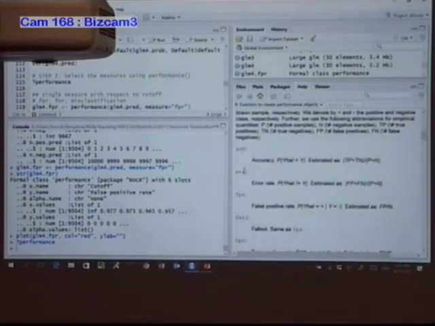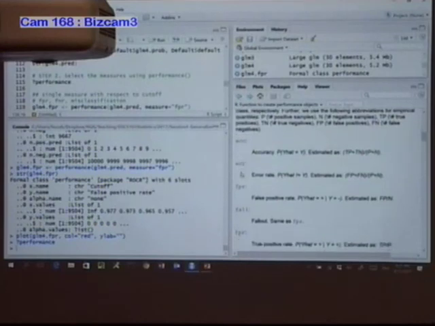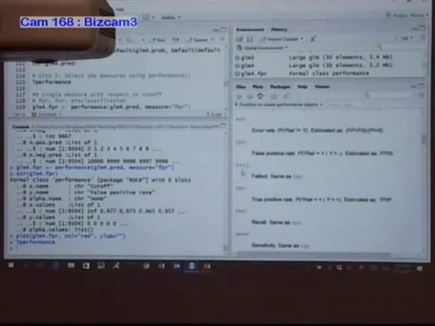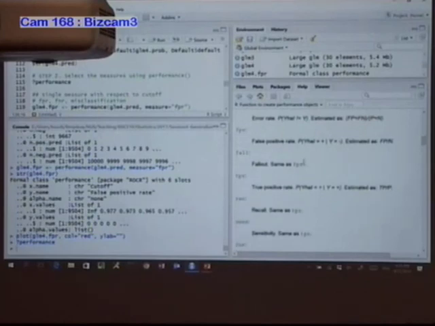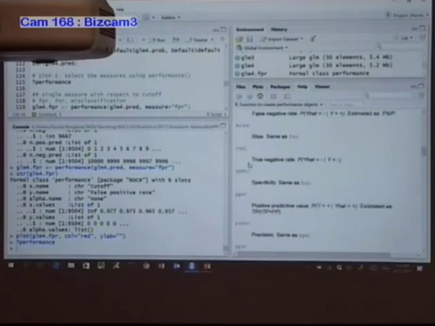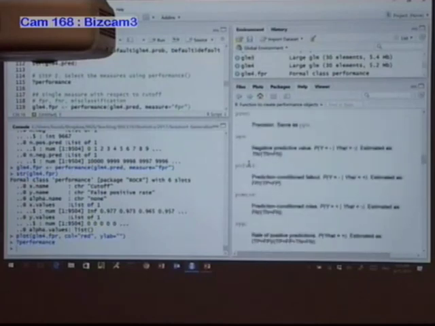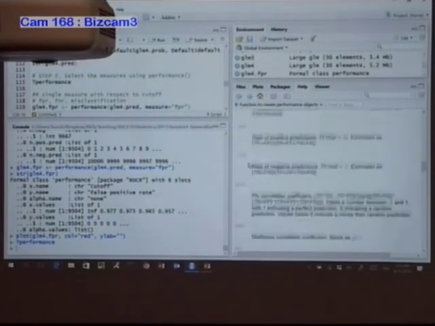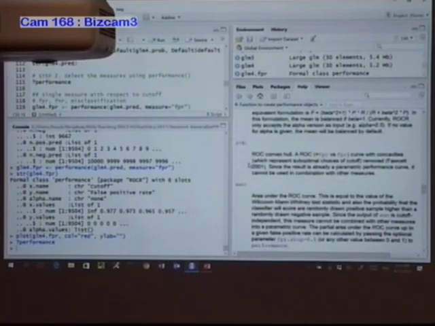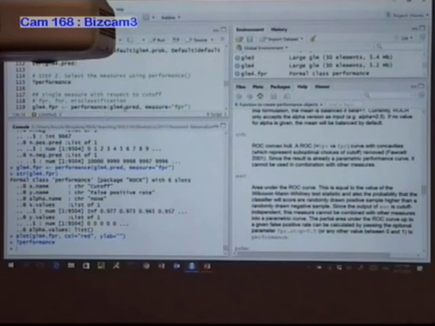ACC for accuracy, ERR for the error rate, the misclassification rate, FPR for false positive rate, all these things. So all the things I have been putting there are somewhere. Okay? You can plot anything. AUC, everything is here.